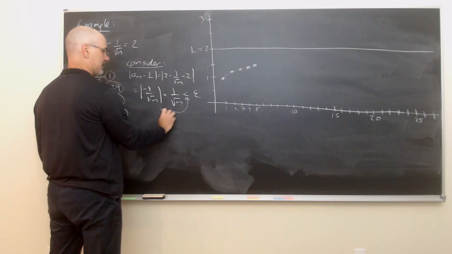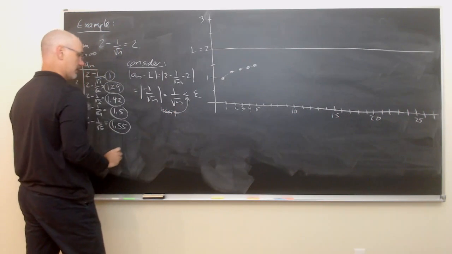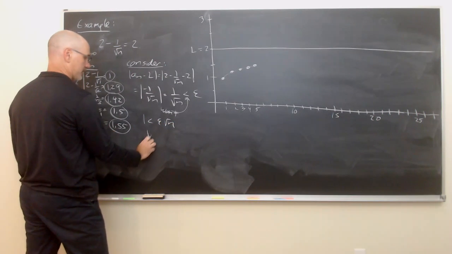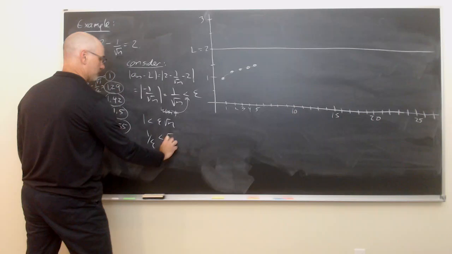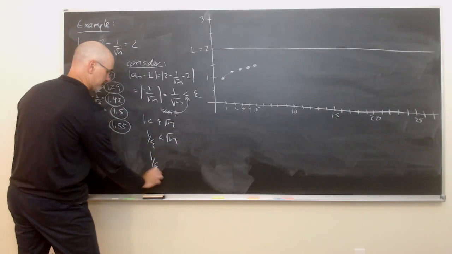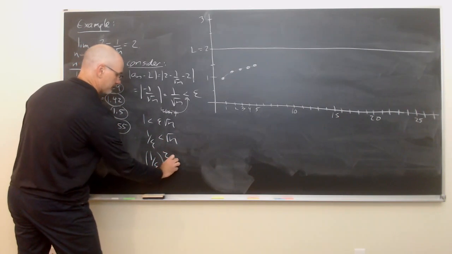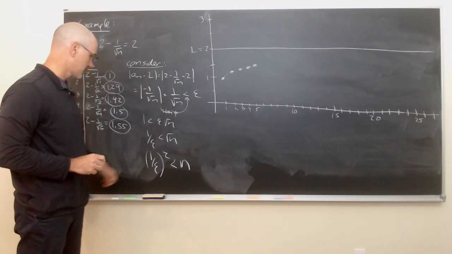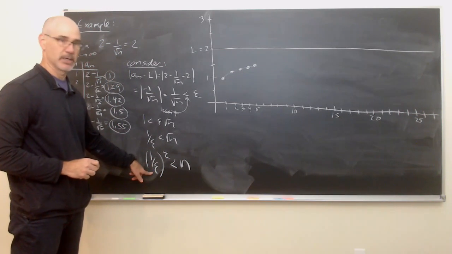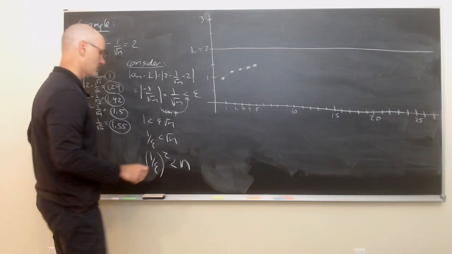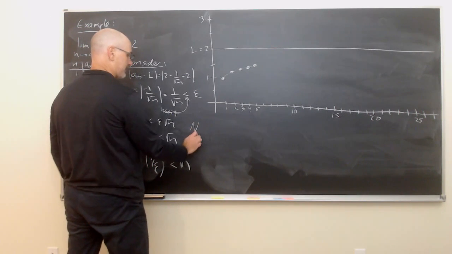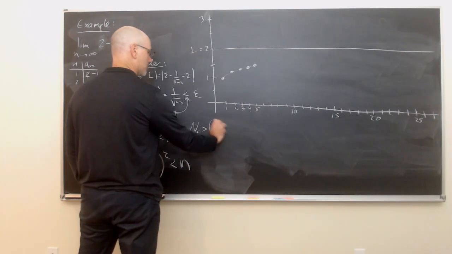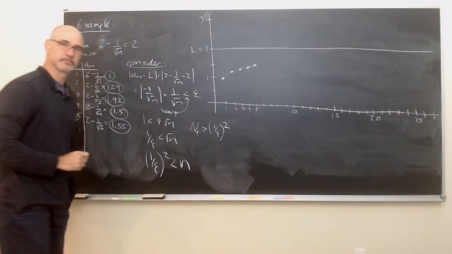Right? I want that less than epsilon. And to make that happen, I would need to take any natural number that's strictly bigger than 1 over epsilon squared. So my capital N is anything bigger than 1 over epsilon squared.